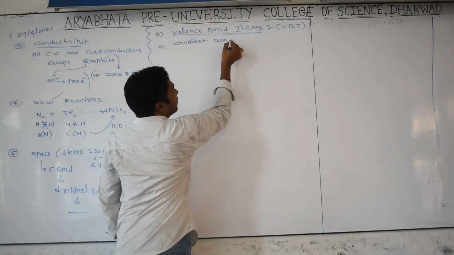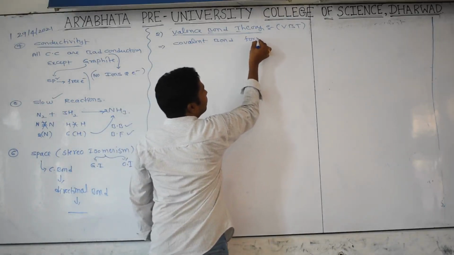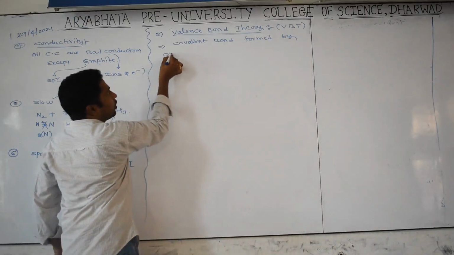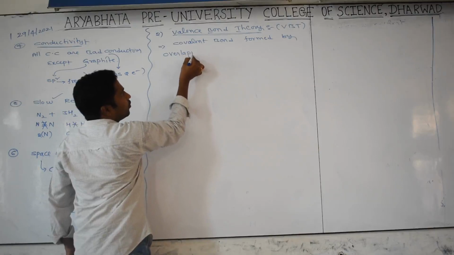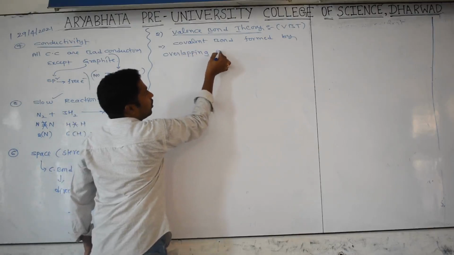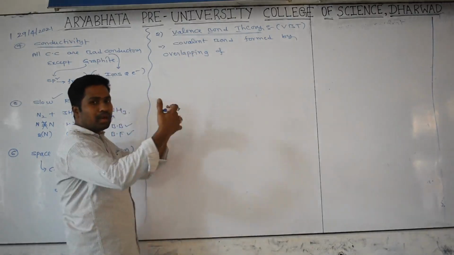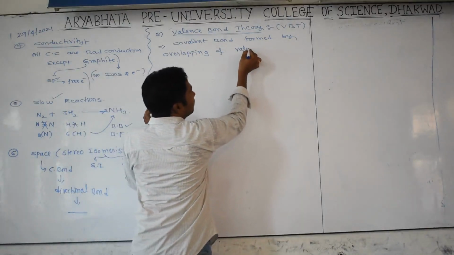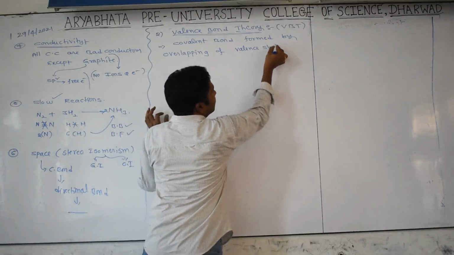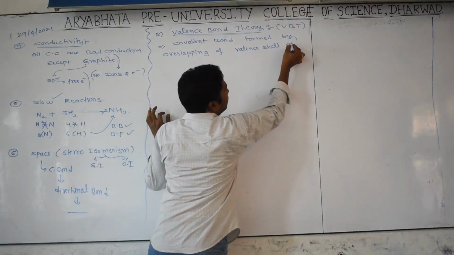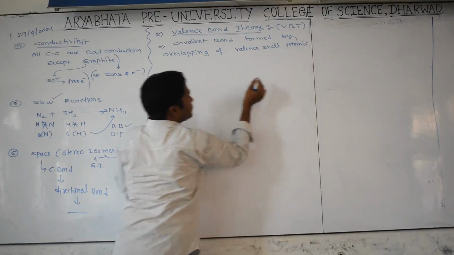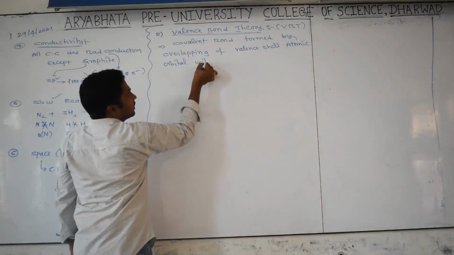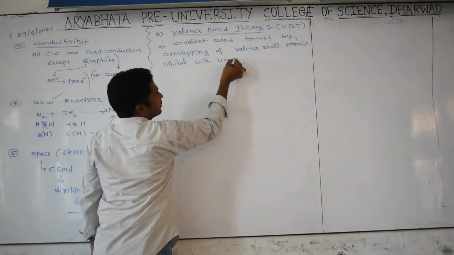A covalent bond is formed by overlapping, which means intermixing of valence shell atomic orbitals with unpaired electrons.